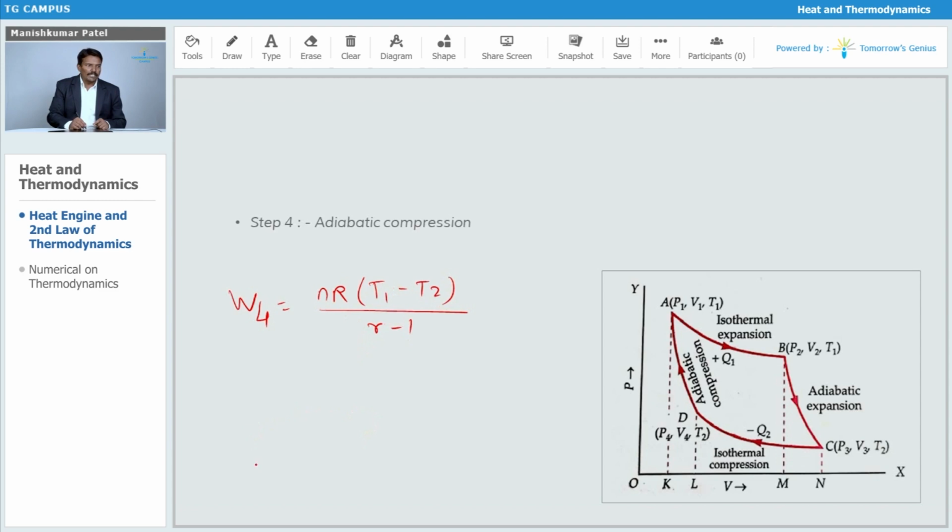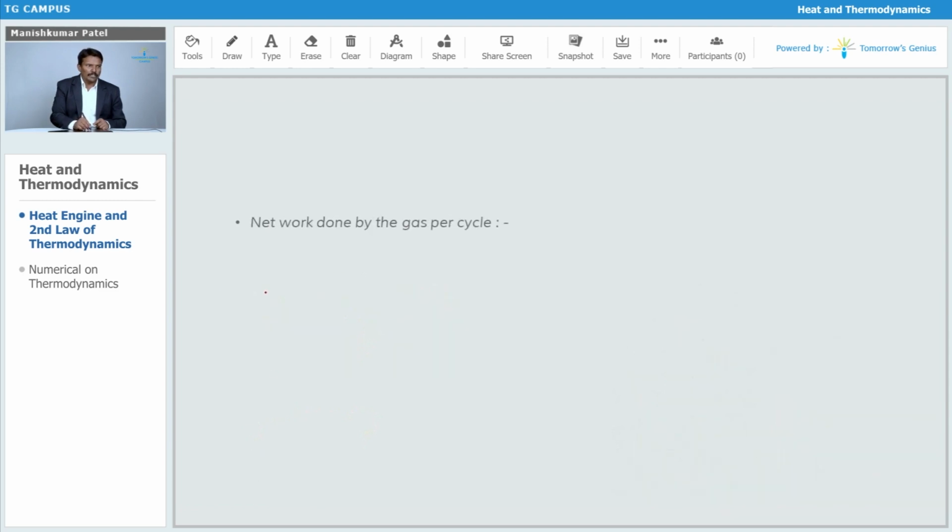And finally the total or net work done. In the first 2 cases the work has been done by the gas, so that is W1 plus W2 minus W3 plus W4.